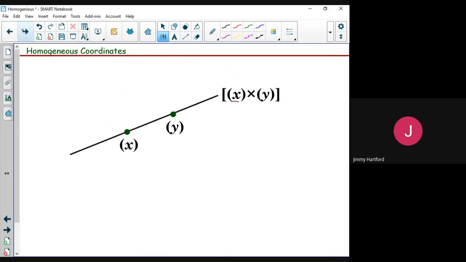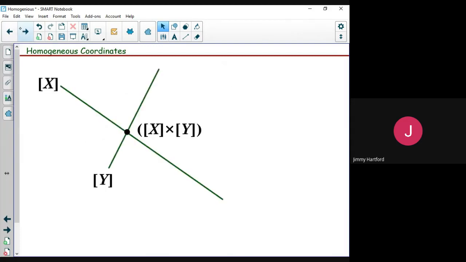The three values of this line are just going to be whatever the result of X cross Y is. And it's equivalent if we do the dual. If I want to find the intersection of these two lines, it's going to be at a point determined by the cross product of these three values crossed with these three values.